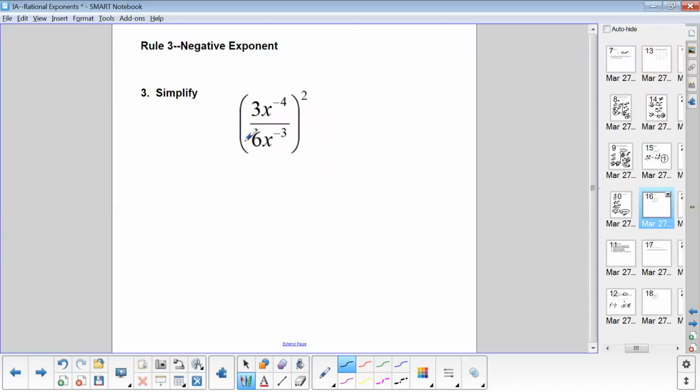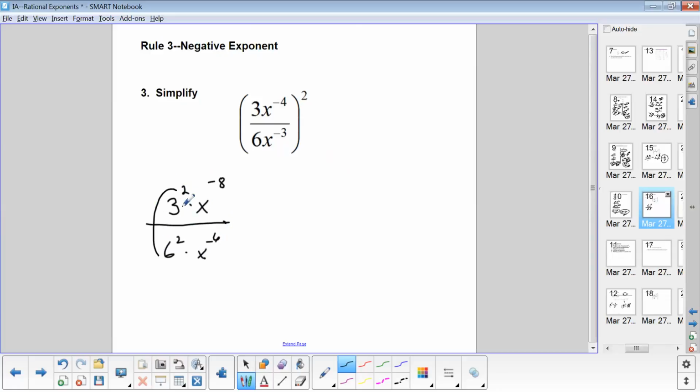Again, we're going to go power to a power rule. So this is actually 3 to the second times x to the negative 4 times 2, so negative 8. 6 to the second times x times negative 3 times 2 would be x to the negative 6.